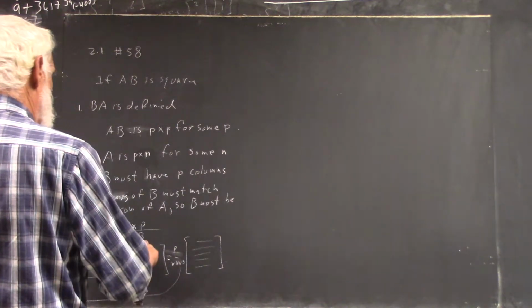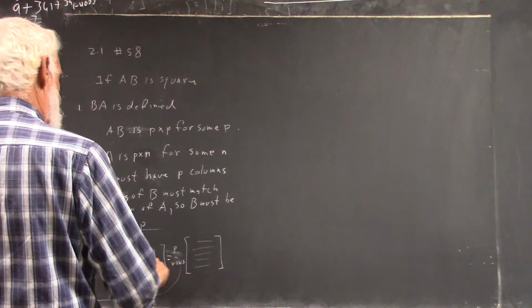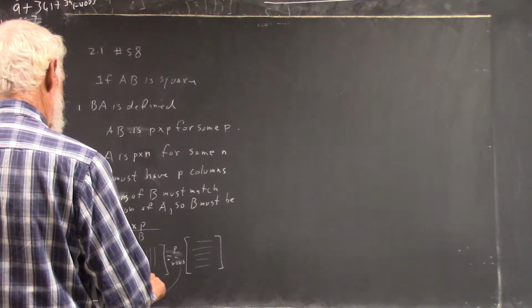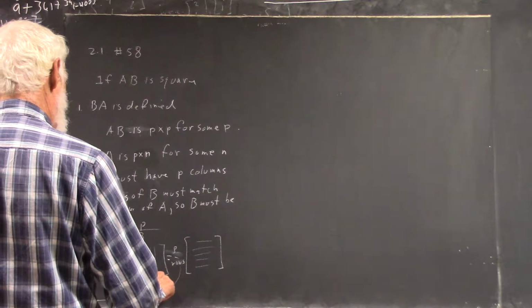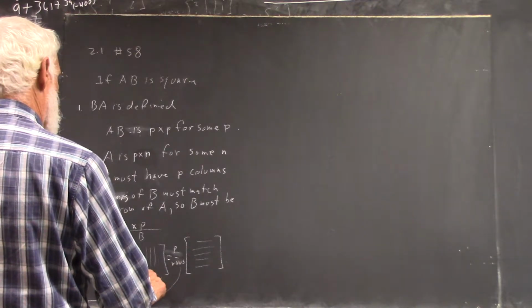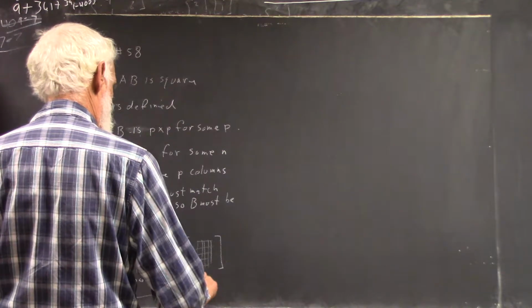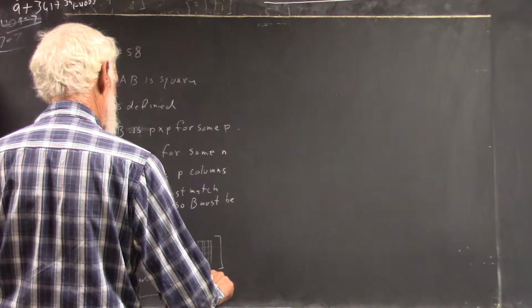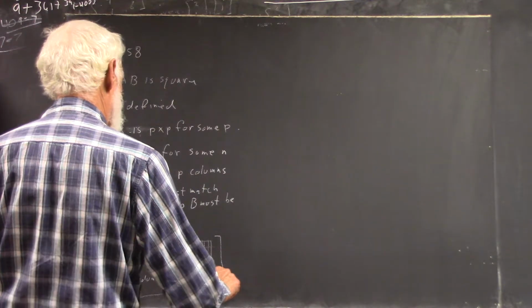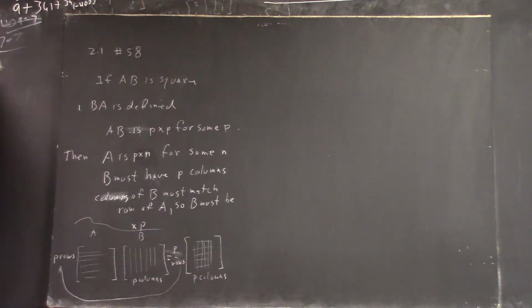B has to have P columns because this matrix has P columns, right?